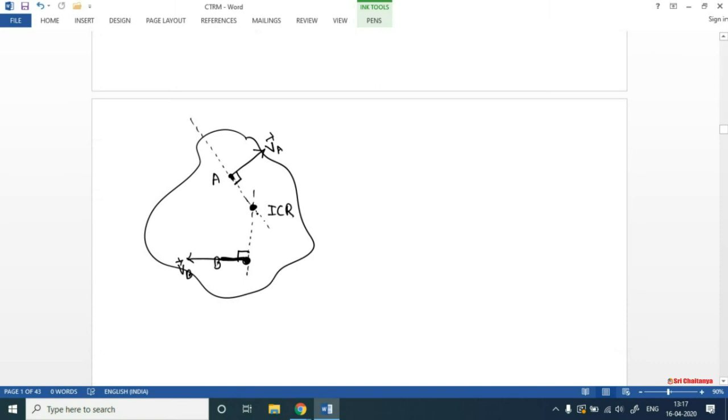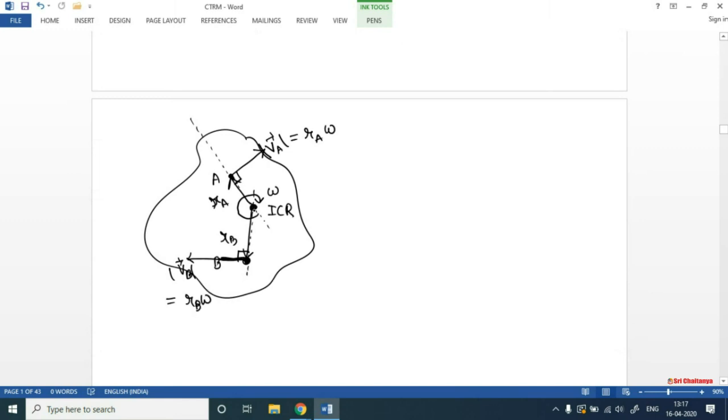So we can assume the body to be undergoing purely rotational motion about the ICR, let's say with omega. Let's say this is some RA and this is some RB. So the magnitude of VA would be RA into omega, and the magnitude of VB would be RB into omega.